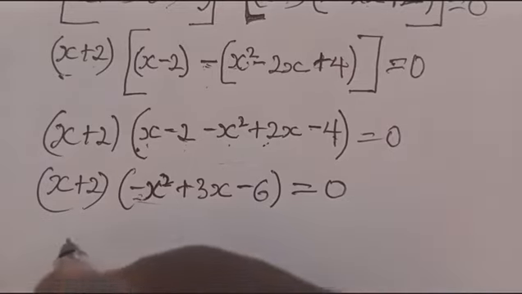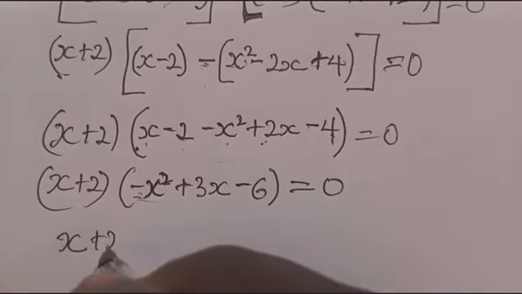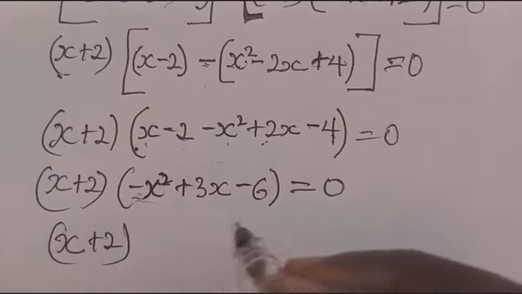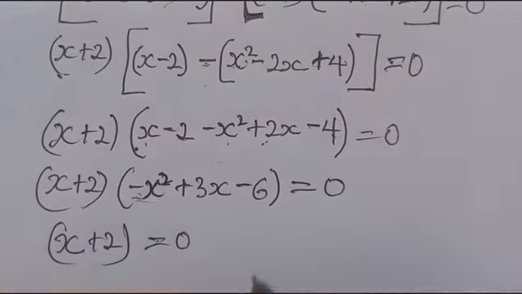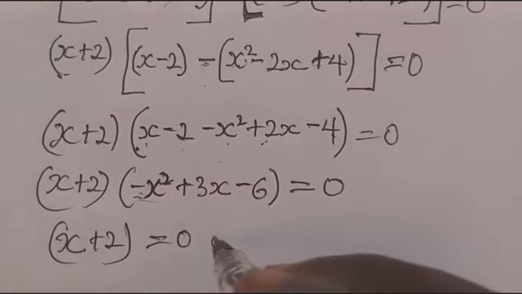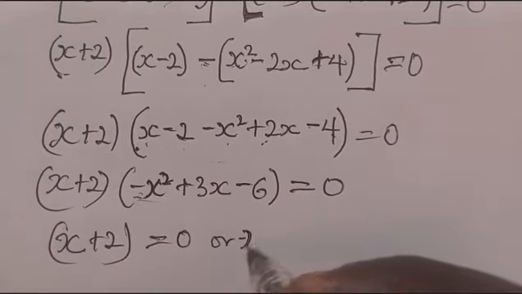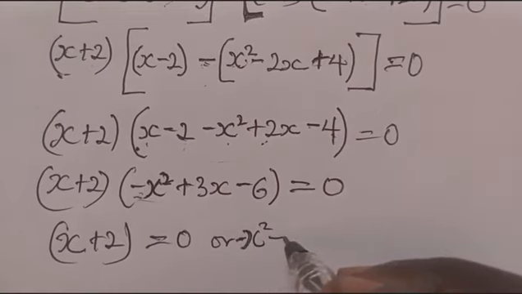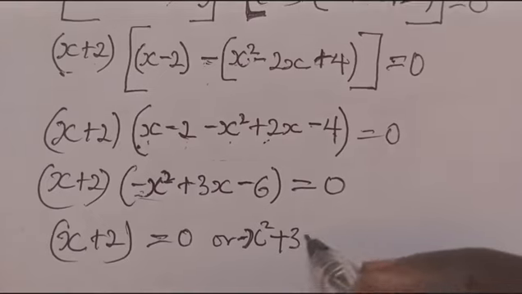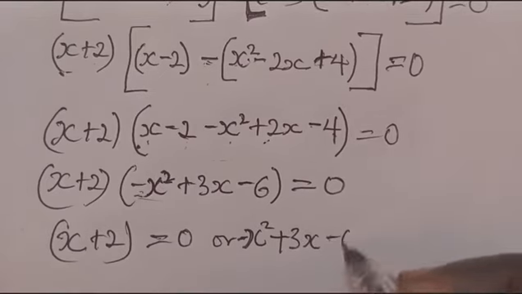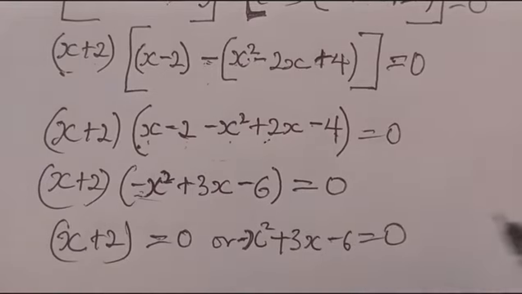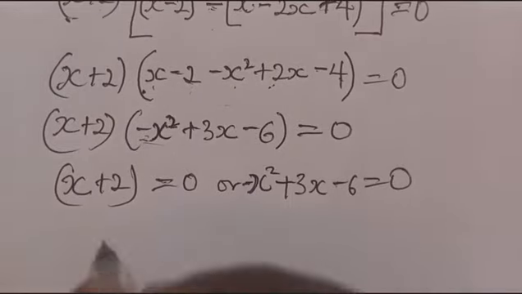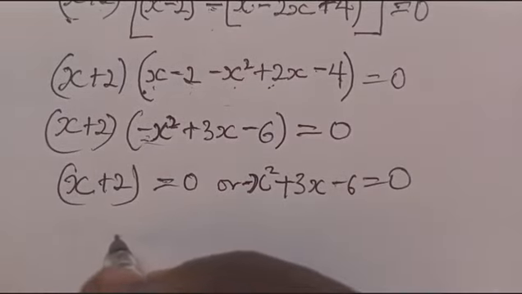Or let me first of all say x plus 2 is equal to 0. Okay, or minus x square plus 3x minus 6 is equal to 0. So let me pick this first.